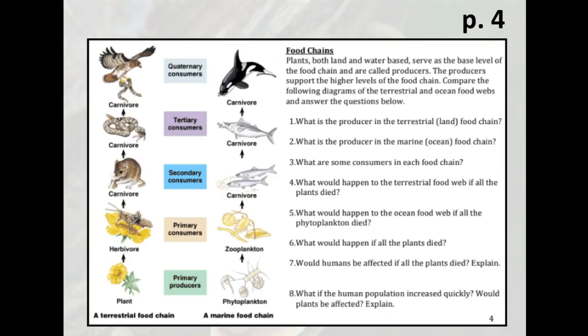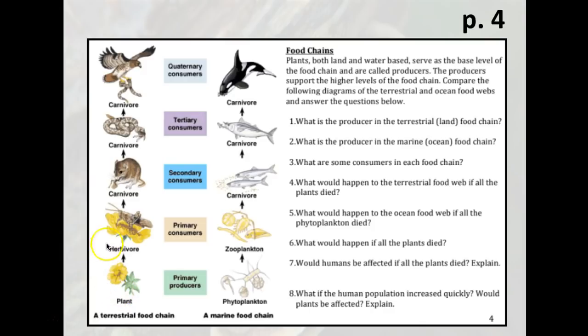On page 4, you have this little review about food chains. A few questions here to help you review food chains. This is looking at a terrestrial food chain. We know terra refers to land, and then a marine food chain. Mar refers to water or sea. Down here you have your producer, the organism that goes through photosynthesis and gets energy directly from the sun.